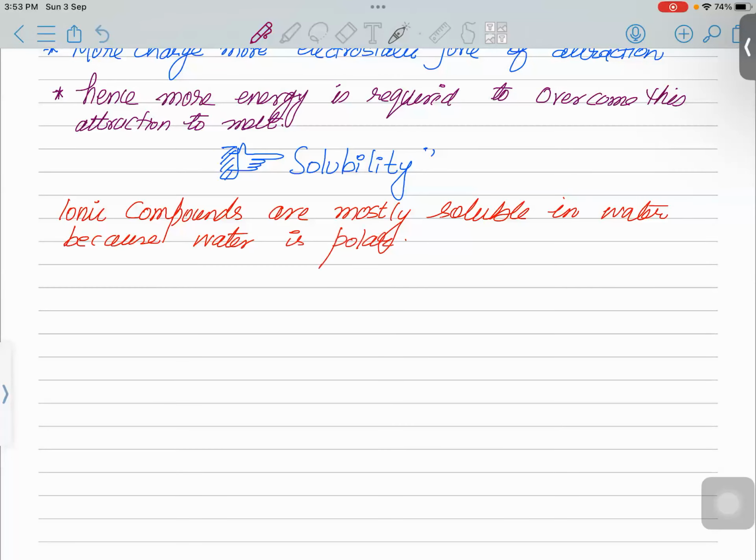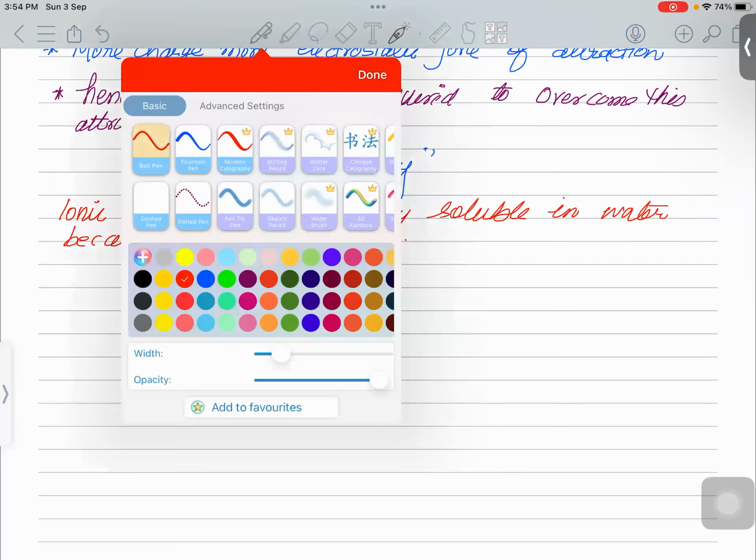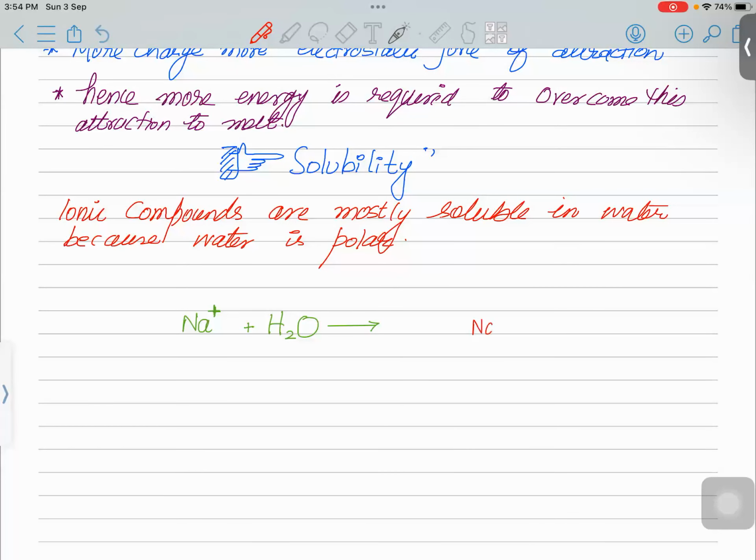Now consider this sodium ion. When you add water, this is sodium plus.